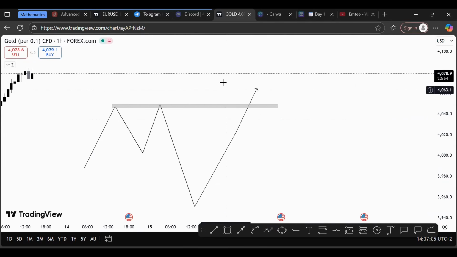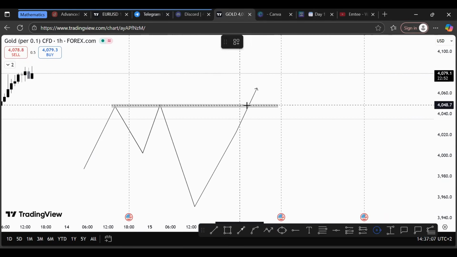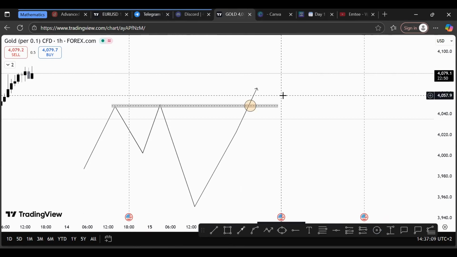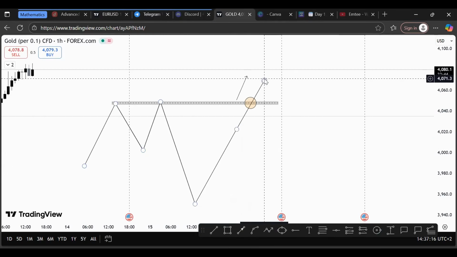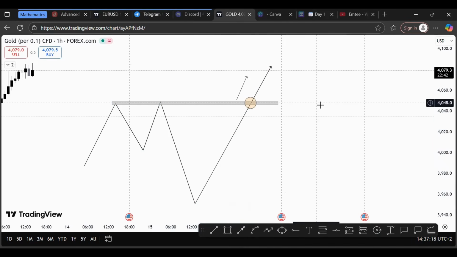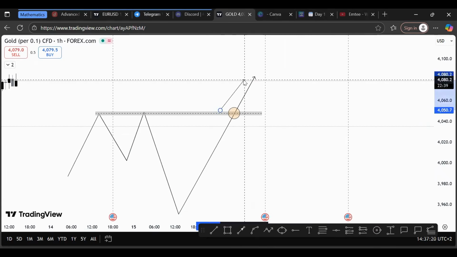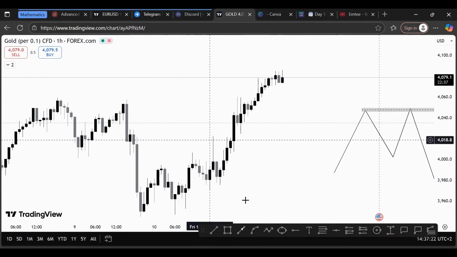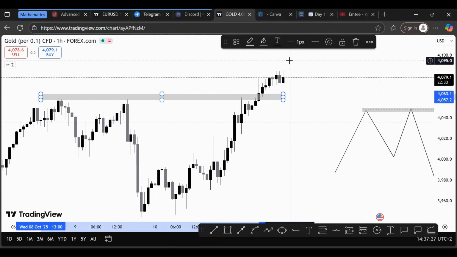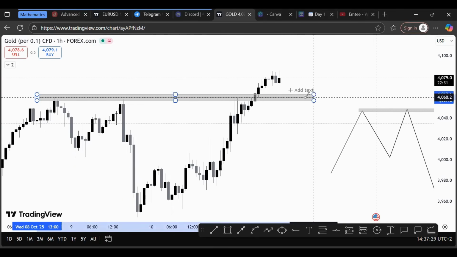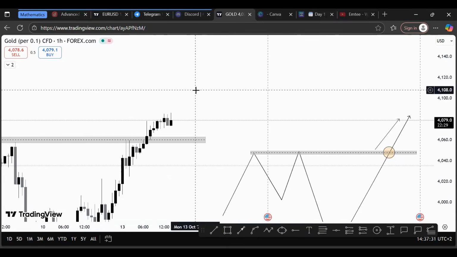But then when you break it down, especially this session here, when you break it down to look for entries, because now once price breaks above, you know that this is an indication, right? Price is giving me an indication. If you're looking at it from a 1 hour perspective, obviously you can't take an entry because there's nothing that you can see except that price broke above, right? So you wait for price to correct back before you can take the entries.